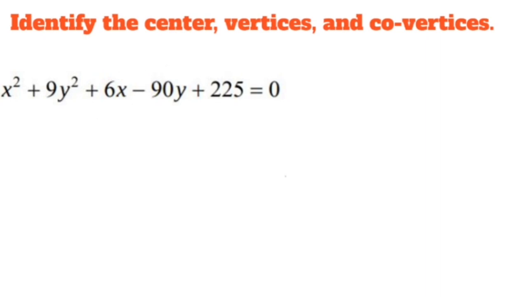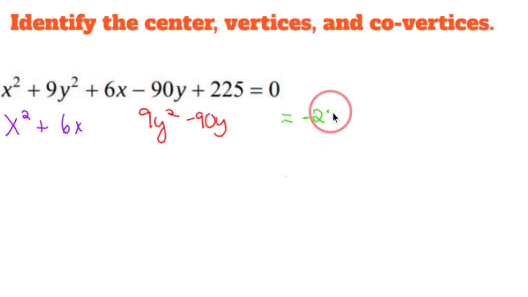Now, when I did a problem like this with a circle, the thing that I did first is I grouped everything up by variable, and then I completed the square, and I'm going to do the same exact thing here. So I'm grouping the x's, leaving some space, grouping the y's, leaving some space, and while I'm at it, let's subtract 225.